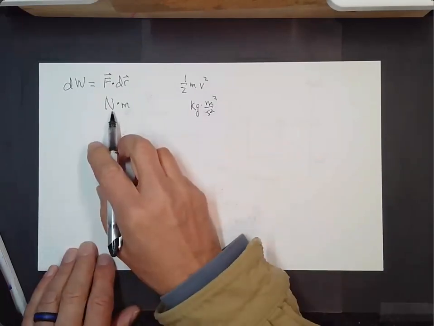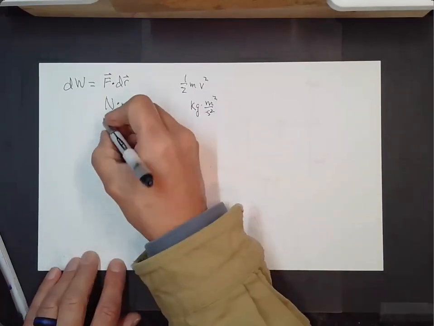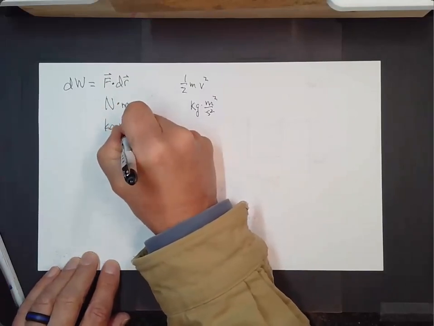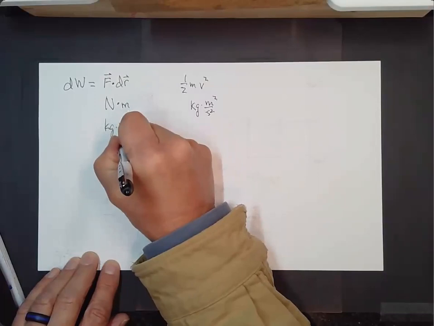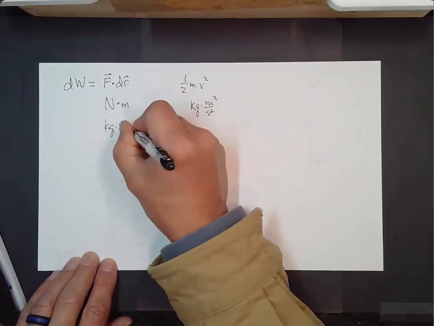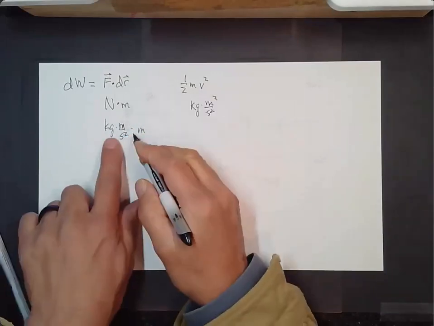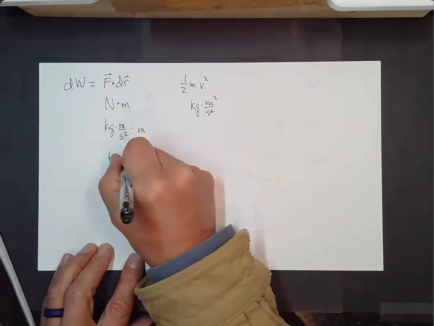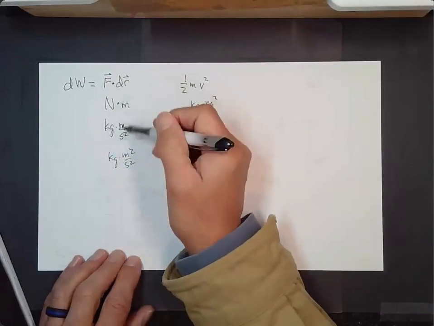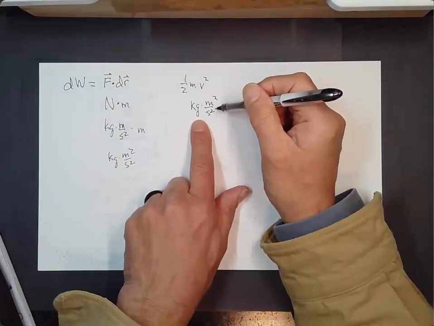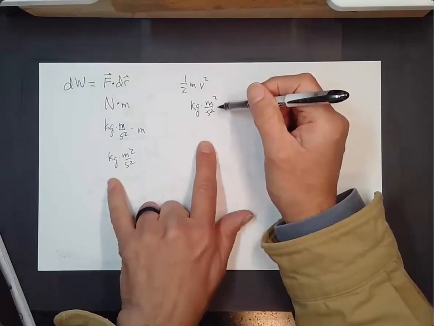What about work? Well, what's a Newton? It's actually a kilogram meter per second squared. And if I multiply that times a meter, I end up with kilograms meters squared per second squared for work as well. And that's the same as the units for kinetic energy. They both have the same units.